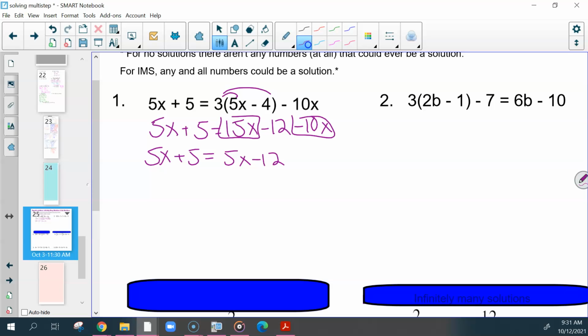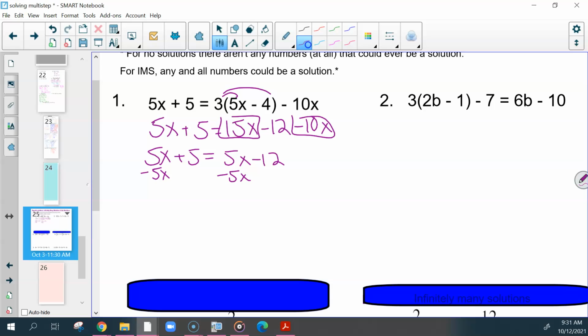So now to solve this, what do we want to move? Sorry, which one? Okay. So if we subtract 5x over here, we also have to do that here.